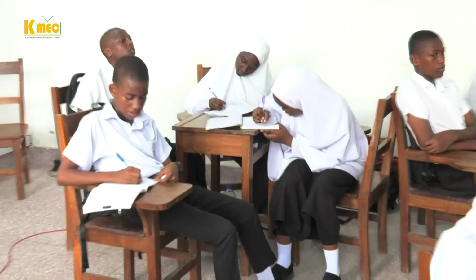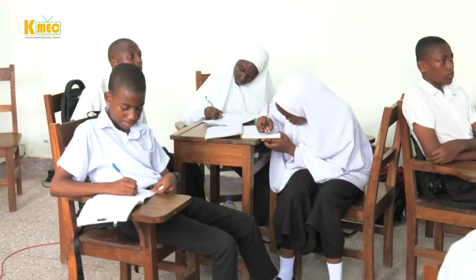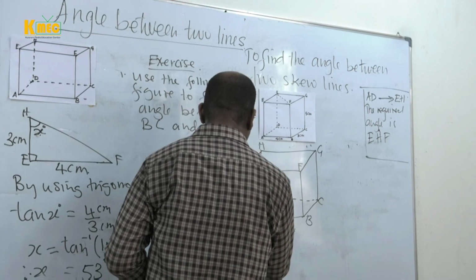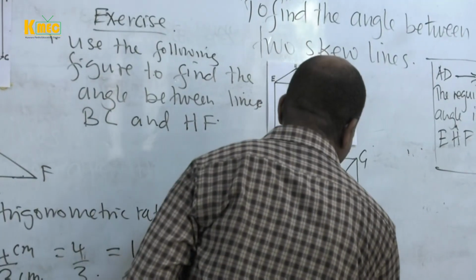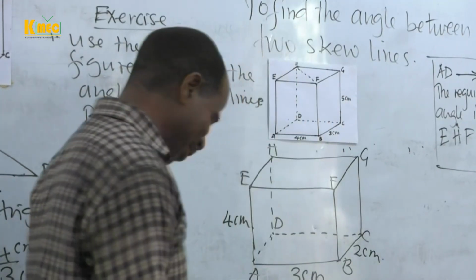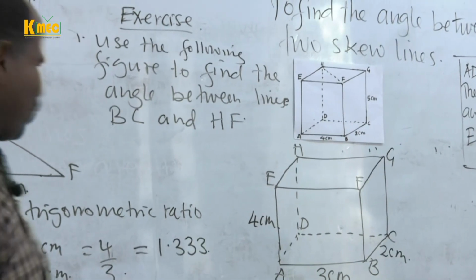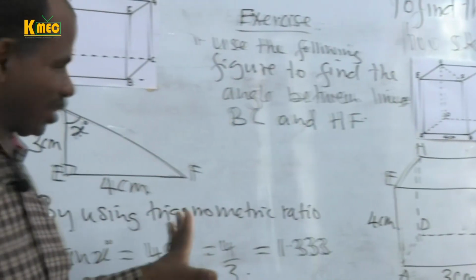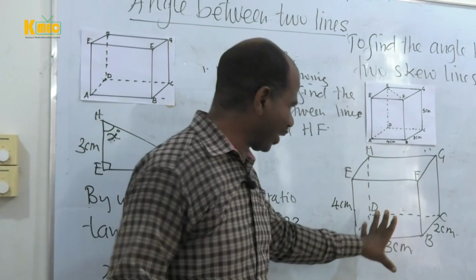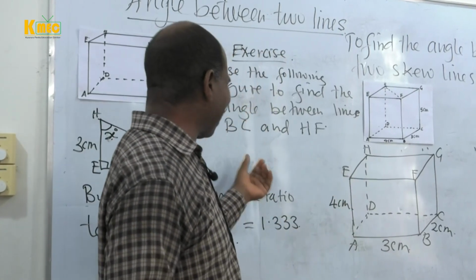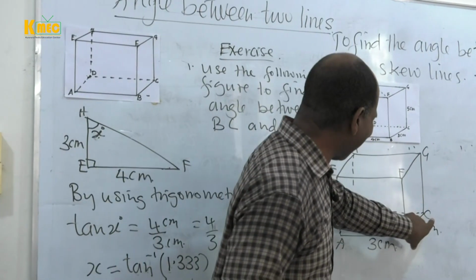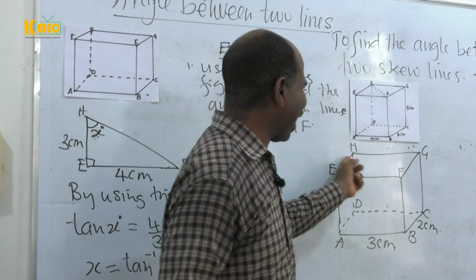Here is 3 centimeters, this one is 4 centimeters, and this is 2 centimeters. So this is your exercise. You can follow the same steps to answer this question. Your question just wants to find the angle between the line BC and the line HF.